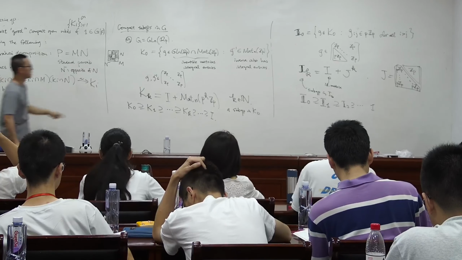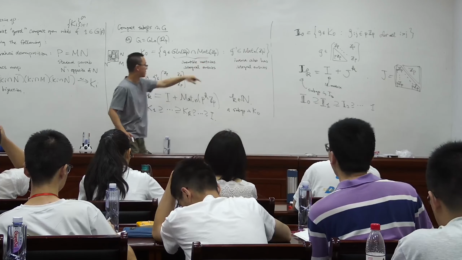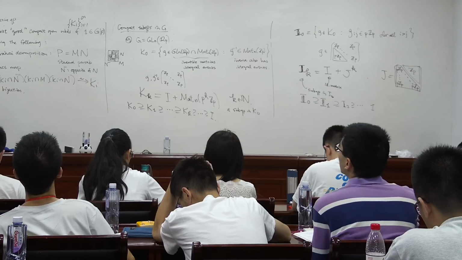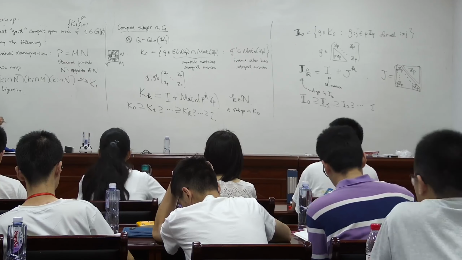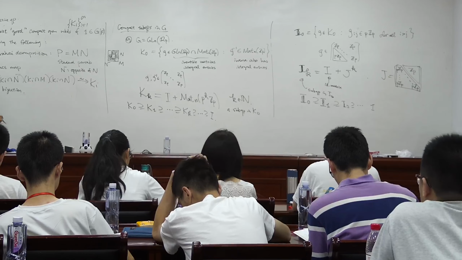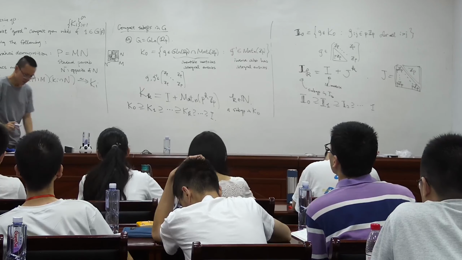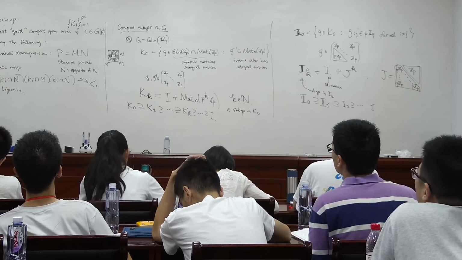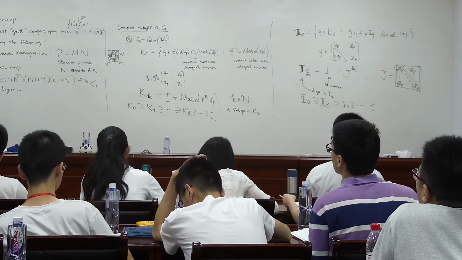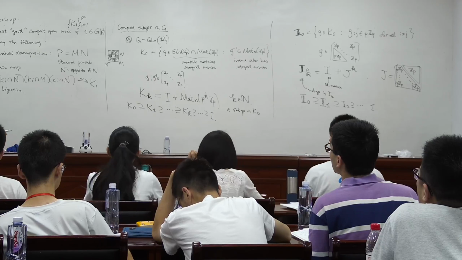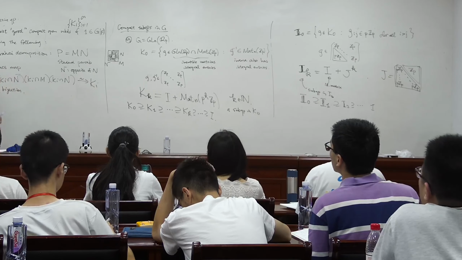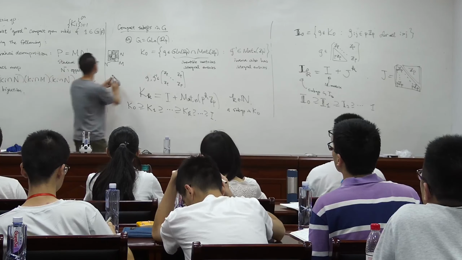So here are some examples of good compact subgroups. And 2. I'll just write it down.